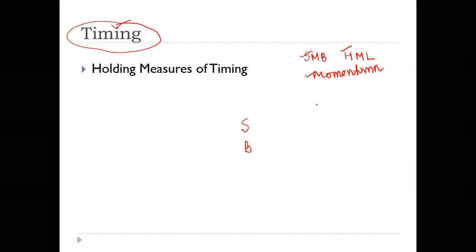So what will be your strategy? You will take stocks which have high beta to this factor or low beta to this factor.